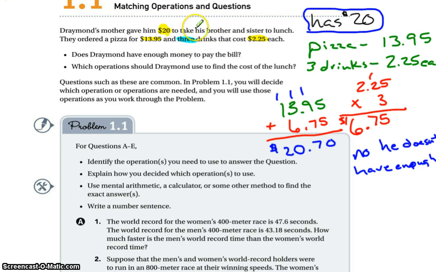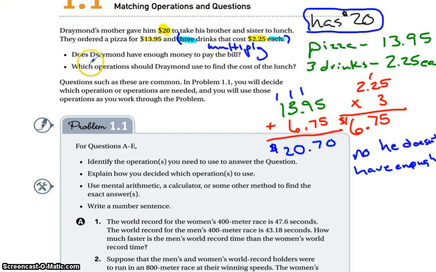Okay, and part of that was this word that said each. If it's $2.25 for 1, and I have 3 of them, then I'm going to use multiplication. So this part right here implies that I needed to multiply to find my total cost for the drinks.